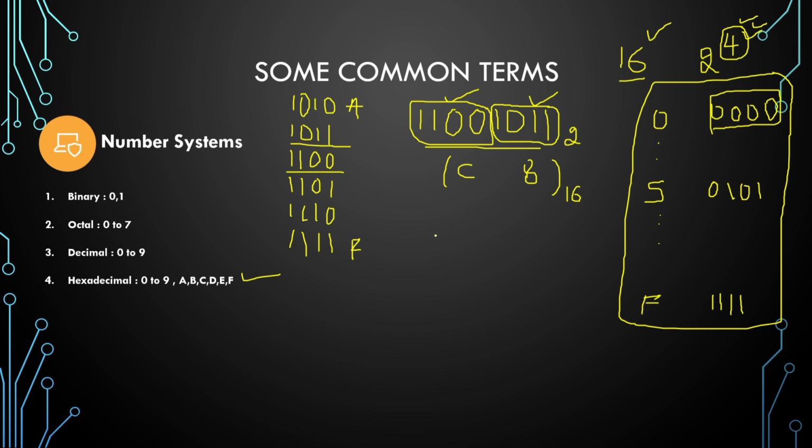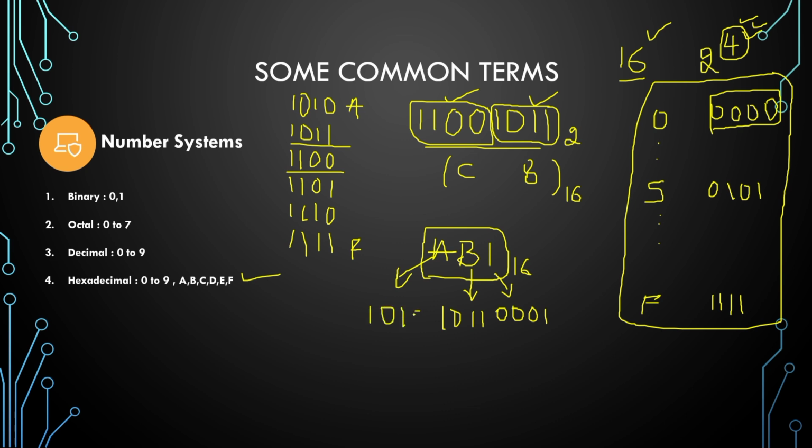In the same way, if we have a hexadecimal number, say AB1, and we have to convert this hexadecimal representation into binary, starting from the 1, we represent it as a 4-digit binary number, that is 0001, and then B as a 4-digit binary number, 1011, and then A as a 4-digit binary number, 1010.